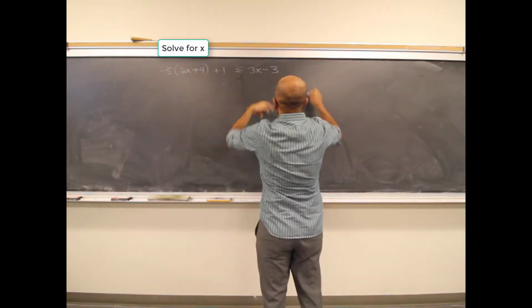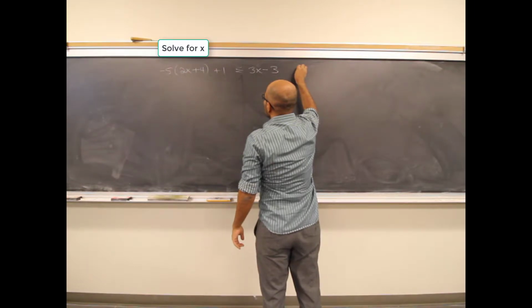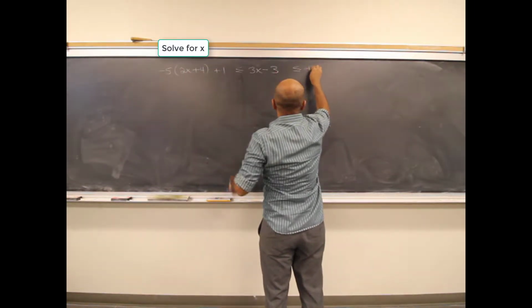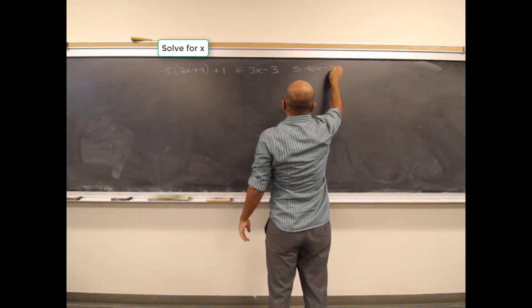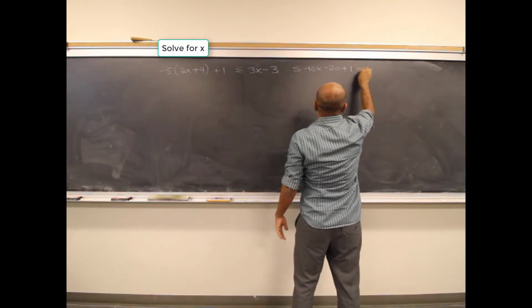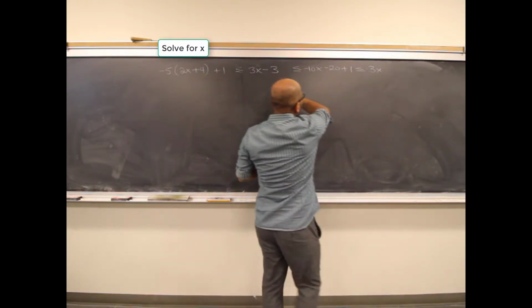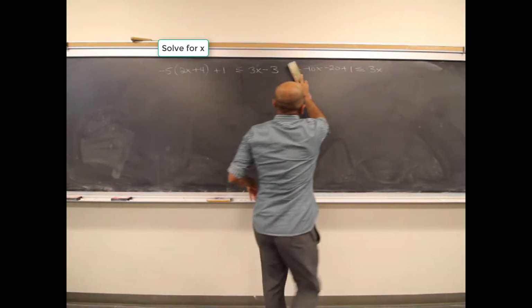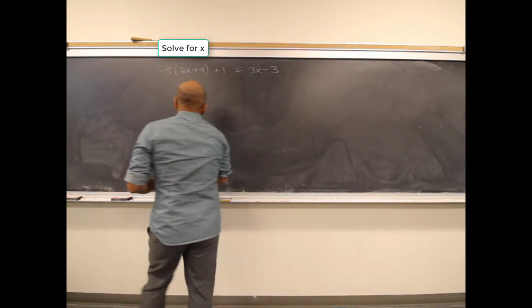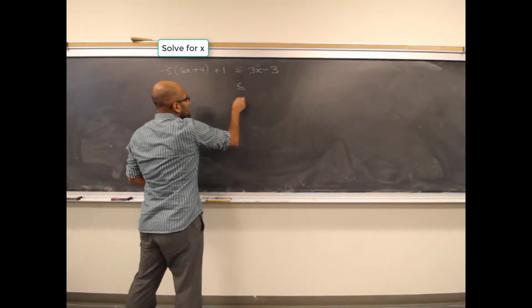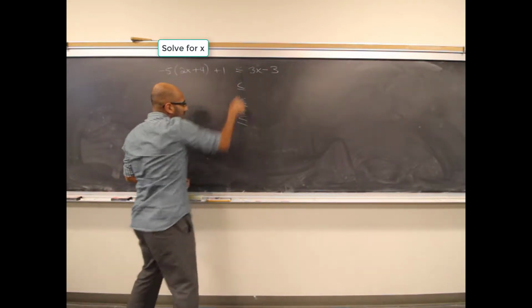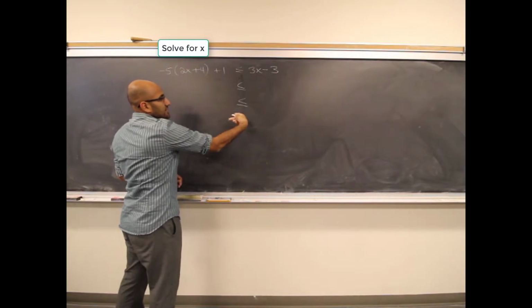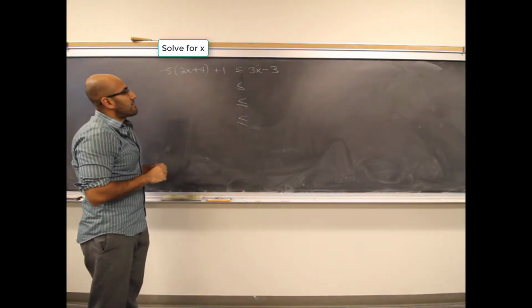Some people start working this way: negative 10x minus 20 plus 1 is less than, right? That's just going to get really confusing if you start working that way. So don't work that way, work down. Keep your inequalities nice and neat, straight, right underneath each other. In some cases you might need to flip it in the other direction, so keep that in mind.